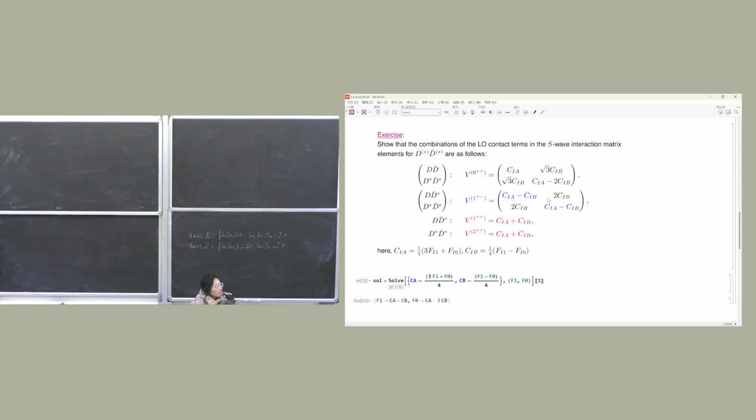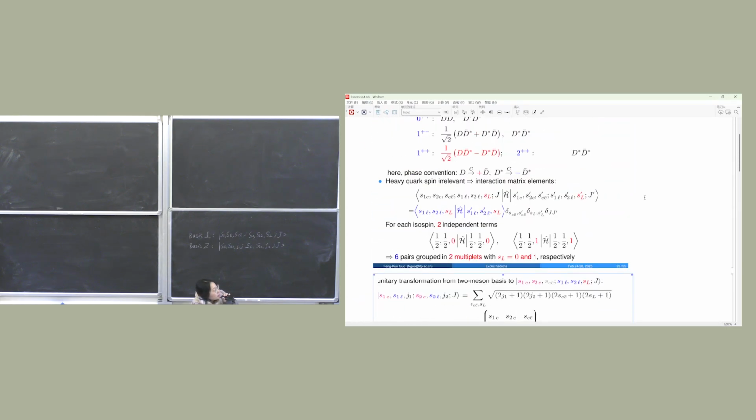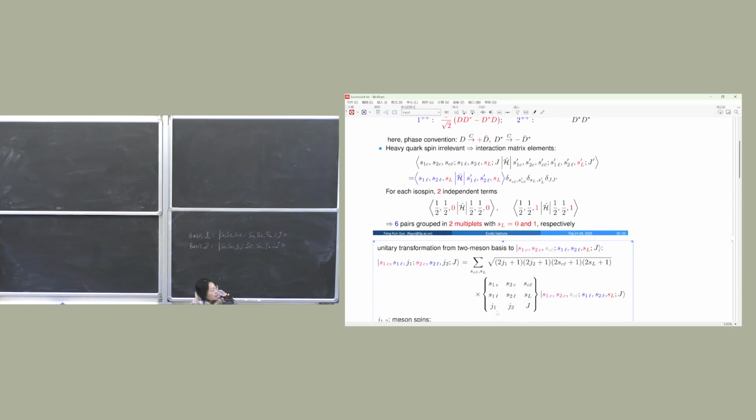I will give you, for example, 5 minutes to think about this exercise, and I can give you a hint. You don't need to derive explicitly. You just need to make clear how to derive, I mean the logic. You don't need to calculate by yourself. For example, because there is a Wigner symbol, if you calculate by hand, it's very complicated.